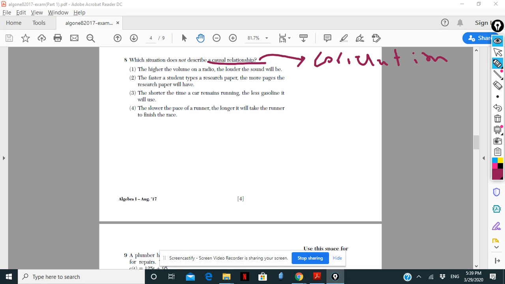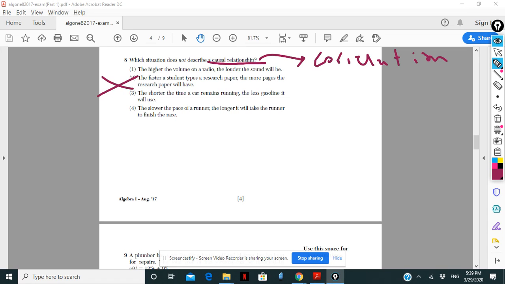The faster a student types a research paper, the more pages the research paper will have. Actually, I don't have a relationship for that, because if he's writing fast, he's going to finish in less time. But I don't have a relationship to the number of pages. So in that case, this one doesn't have any correlation.